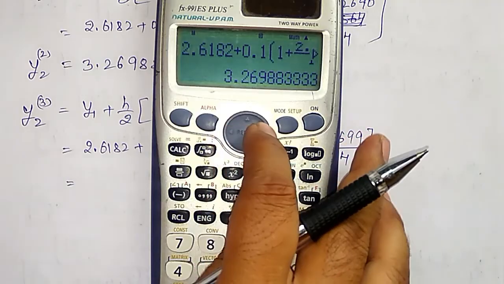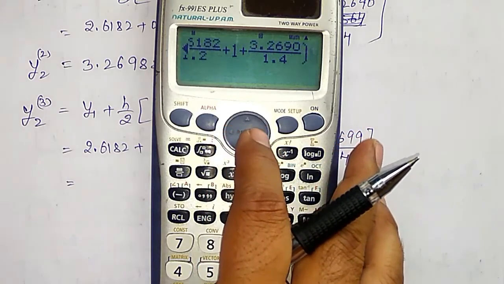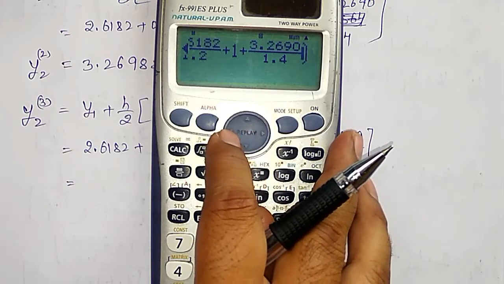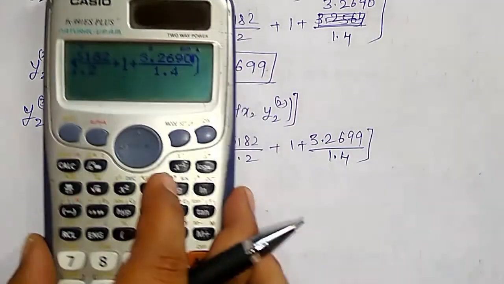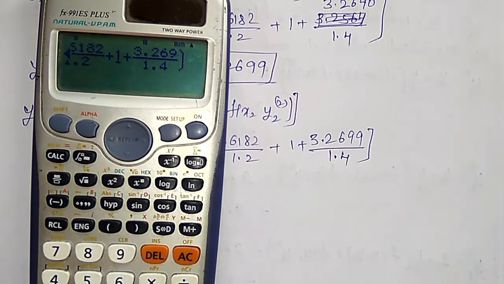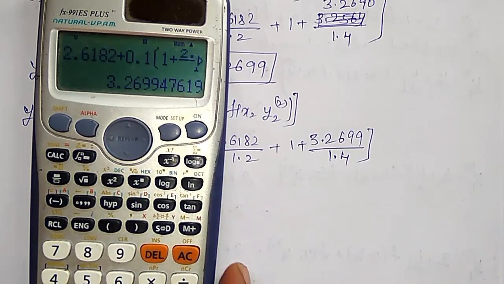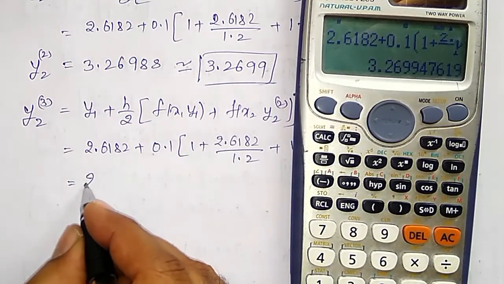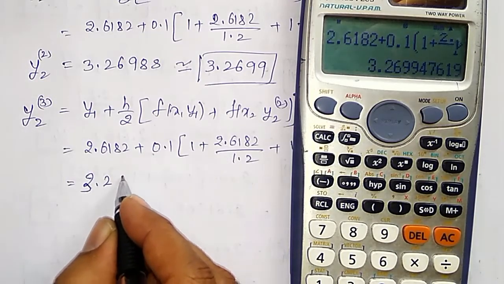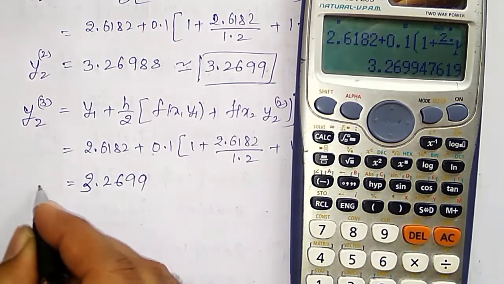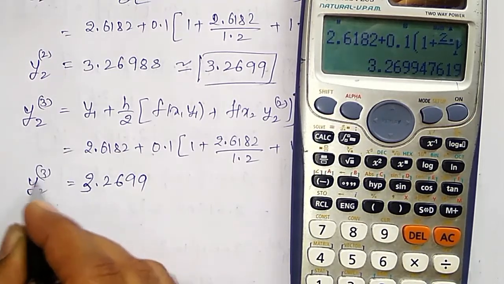Only this correction, 9. My answer comes out to be 3.2699. This is y2 third approximation.